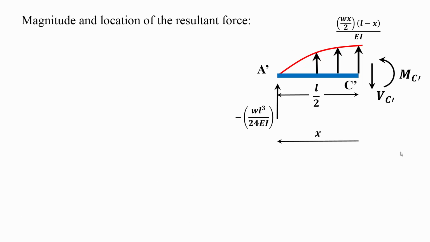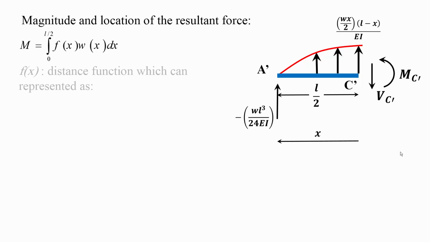What if I take a cut at point C prime, which is at midspan, and I need to find VC prime and MC prime? I should know that the moment is basically the integral of Fx multiplied by Wx over a distance between 0 and L over 2, which is the segment I'm interested in.